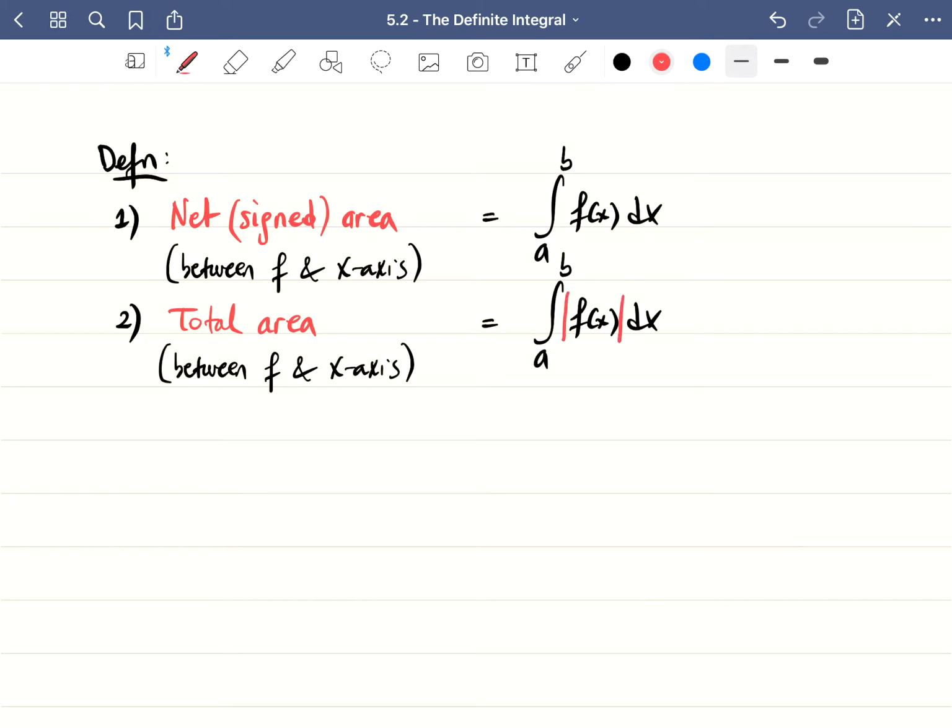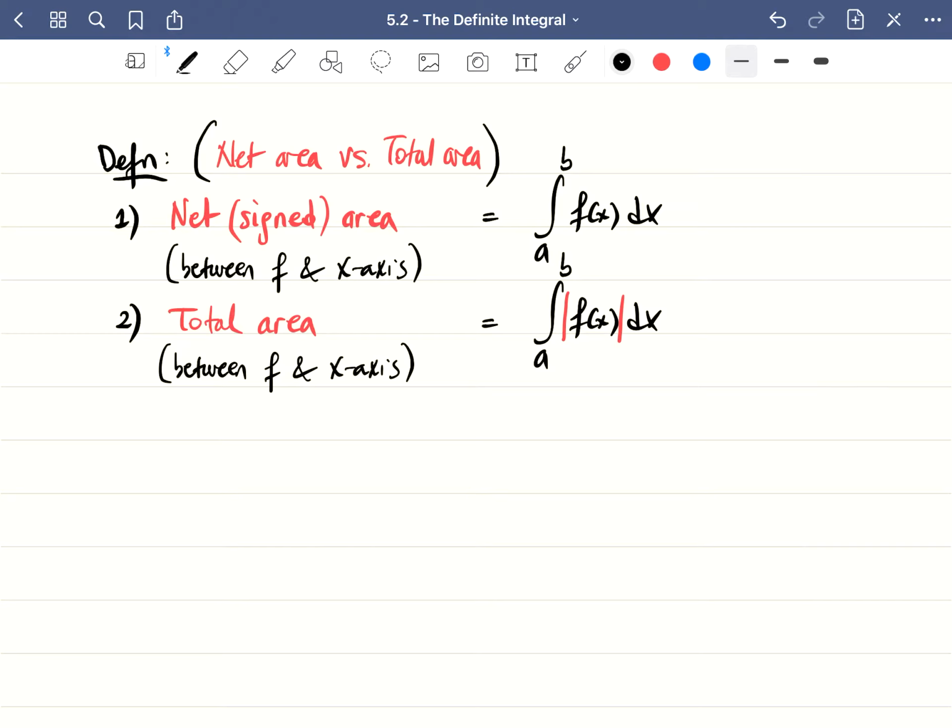That's the only difference. So this is basically net area versus total area. And we'll use this later when we do some applications with motion.